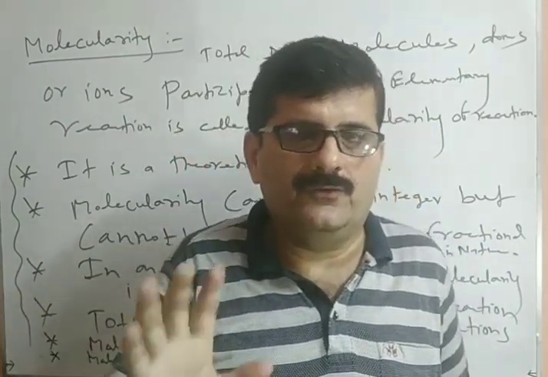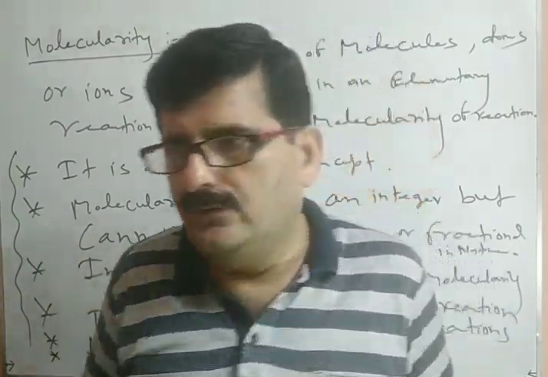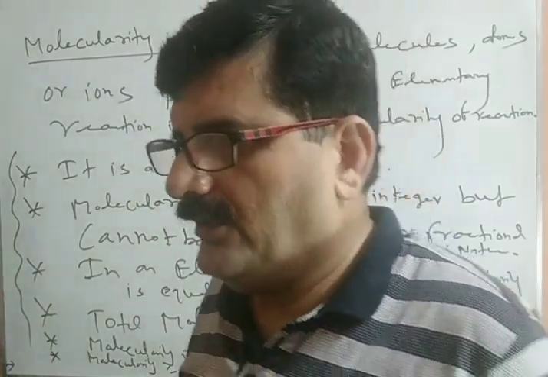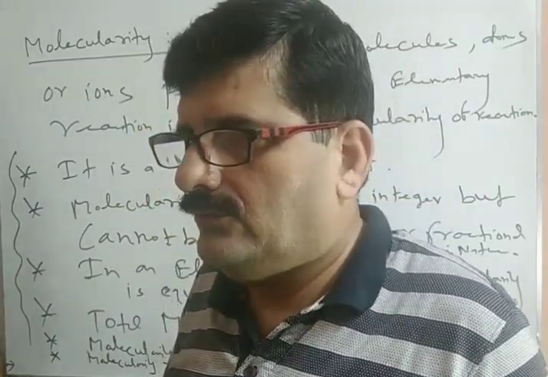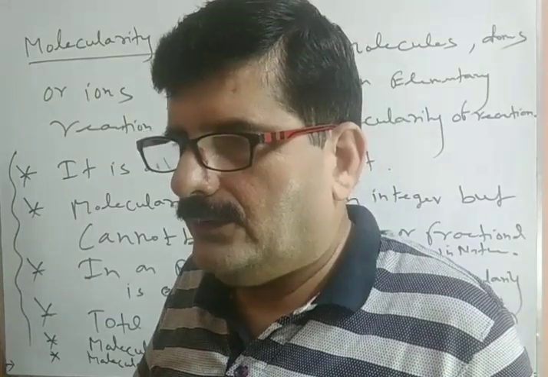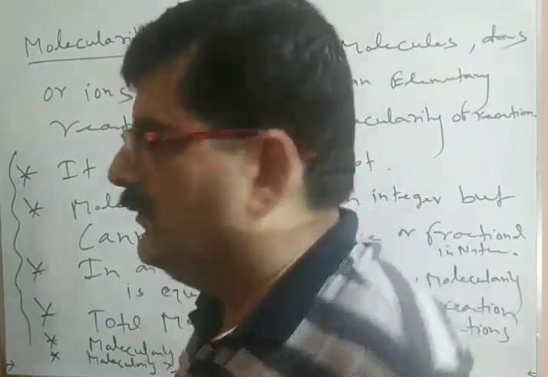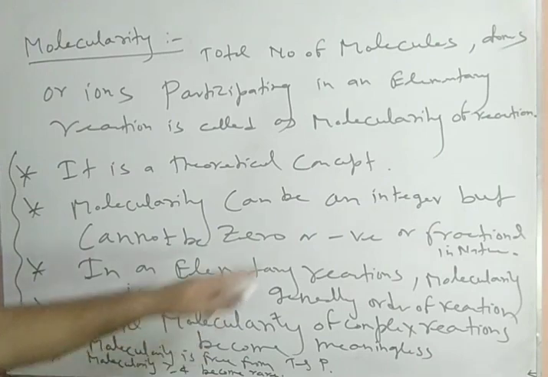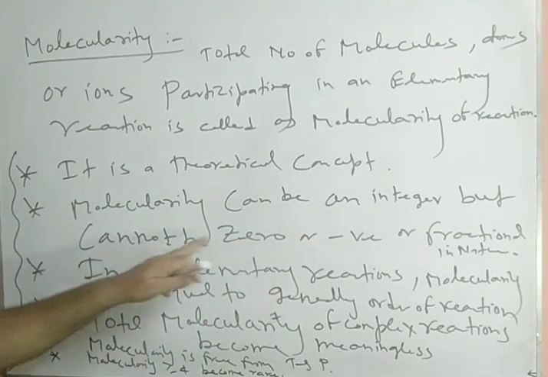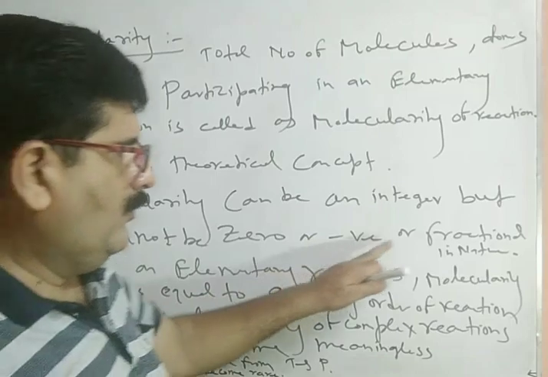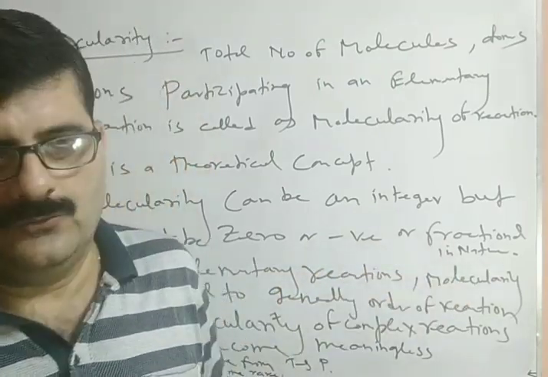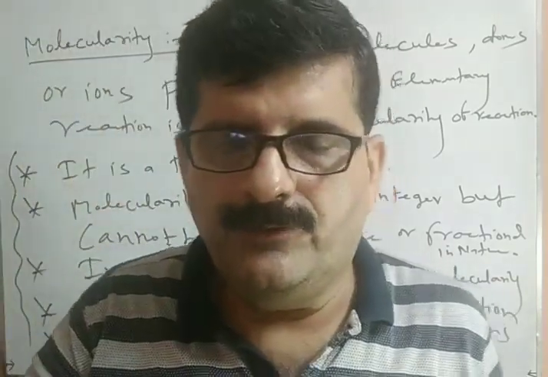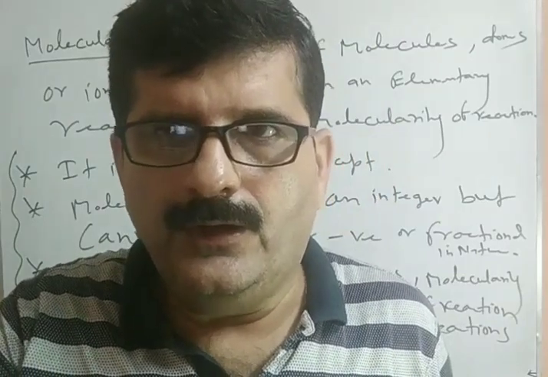Order of reaction may be 0, may give a fractional value, sometimes a negative value, but molecularity can be an integer, but cannot be 0 or negative or fractional in nature. So those are the major differences between molecularity and order of reaction.